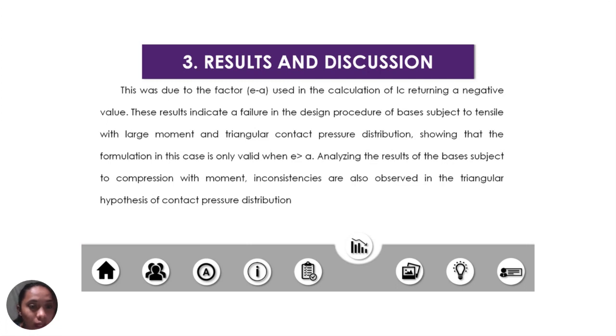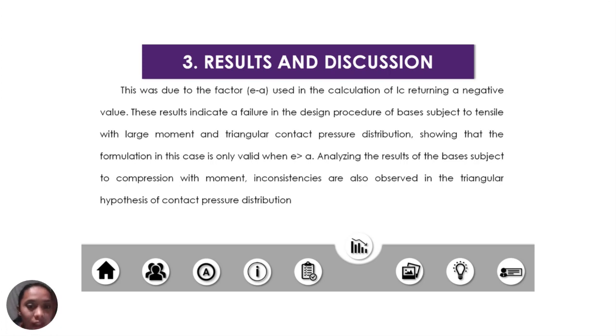These results indicate a failure in the design procedure of bases subject to tension with large moment and triangular contact pressure distribution, showing that the formulation in this case is only valid when E is greater than A.